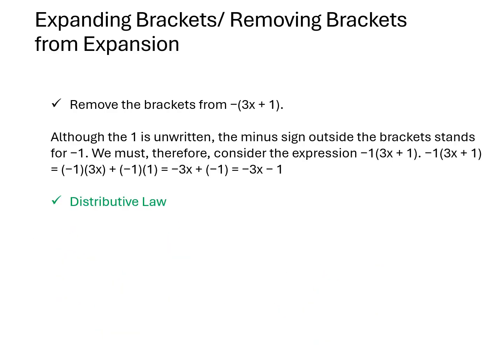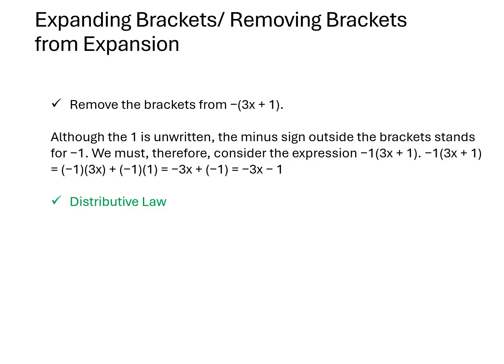Let's look at this example. Remove the brackets from negative (3x plus 1). Although the 1 is unwritten, it would be in front of the bracket right there. The minus sign outside the bracket stands for negative 1. We must therefore consider the expression as negative 1 times (3x plus 1). So all the terms in the bracket are going to be multiplied by negative 1.